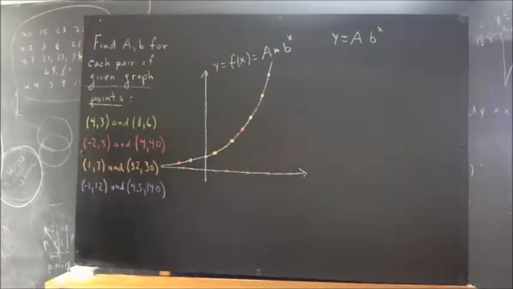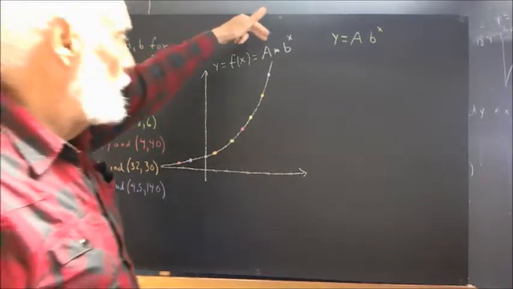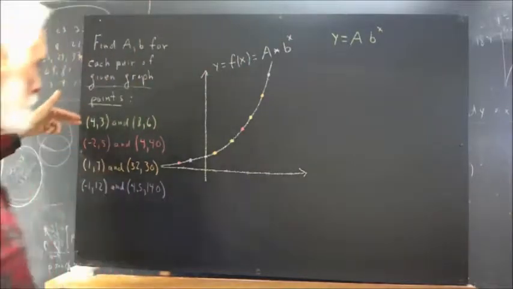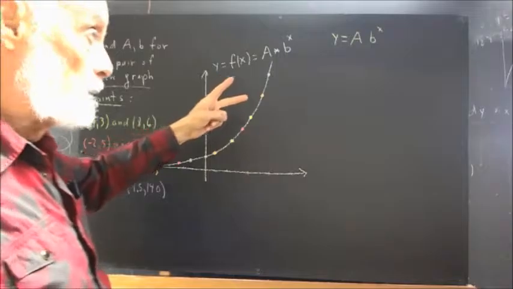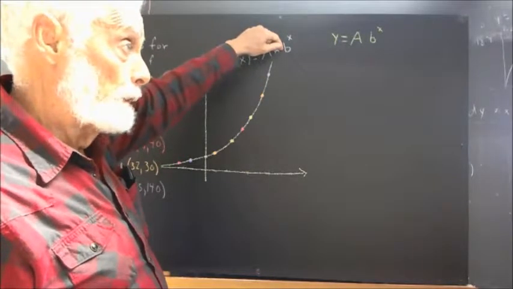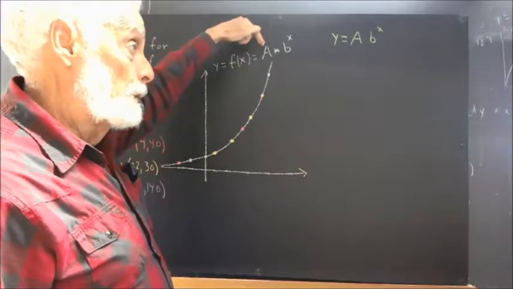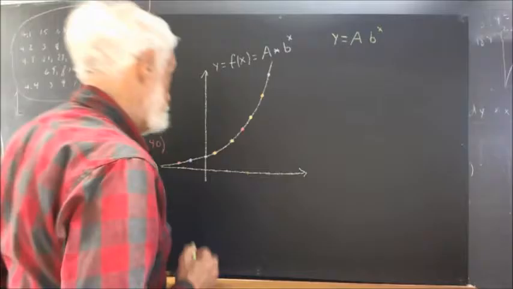Okay? Now, what I'm asking you to do is find the values of a and b that make this function fit those points. Okay, there are 2 parameters in this equation. A is a parameter and B is a parameter. These are just parameters or numbers that can be adjusted to make something fit.